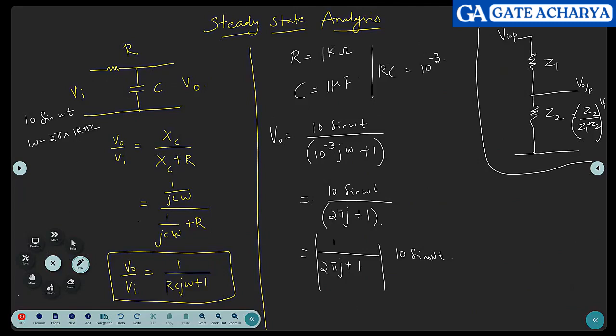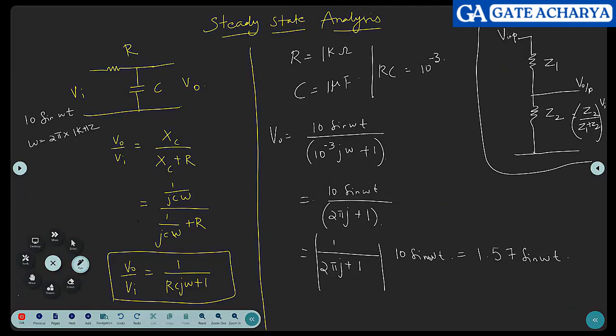What is this magnitude? No, denominator, right? Bring it to the numerator. 0.157. So it is multiplied by 10, you are going to get 1.57 sine omega t.